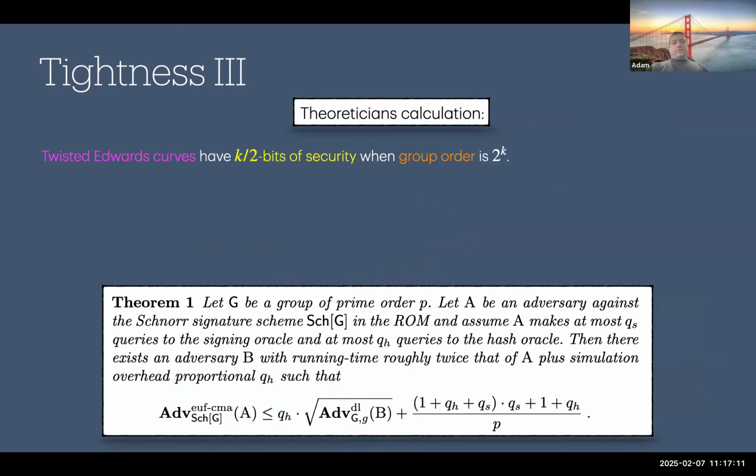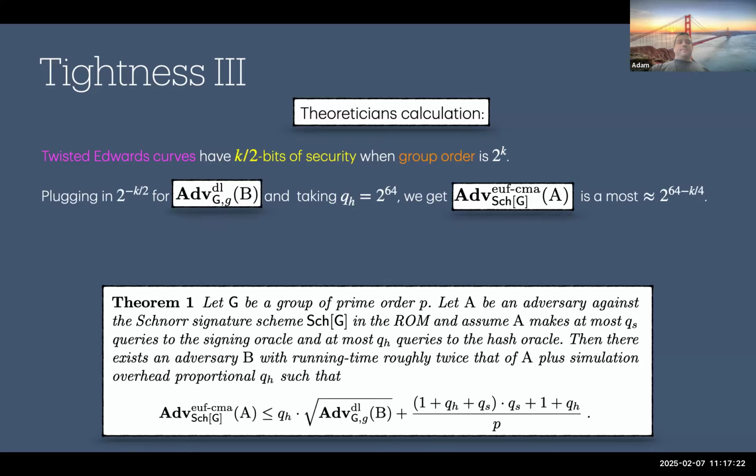So twisted Edwards curves are conjectured to have k over 2 bits of security when the group order is 2 to the k. So plugging in 2 to the minus k over 2 for the advantage of B, and taking QH as 2 to the 64, a common value that people use for these bounds in practice, we get the forgery probability of A is at most 2 to the 64 minus k over 4.